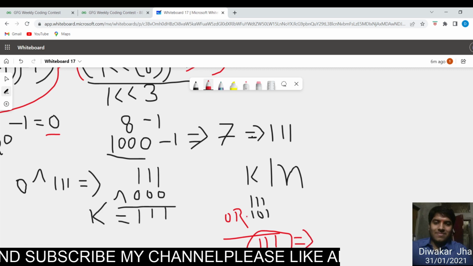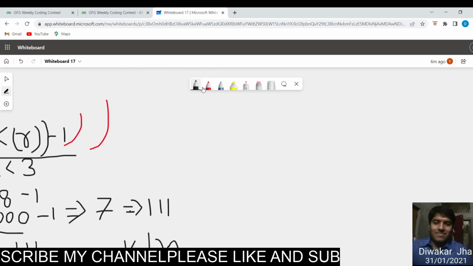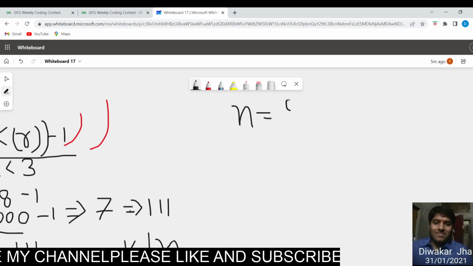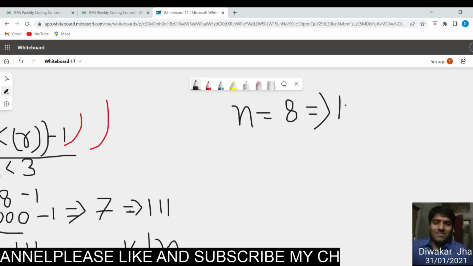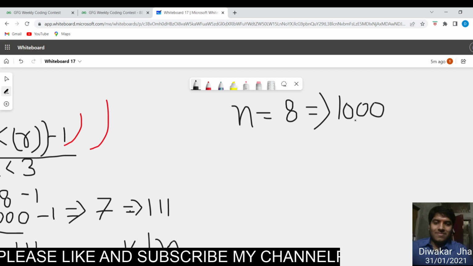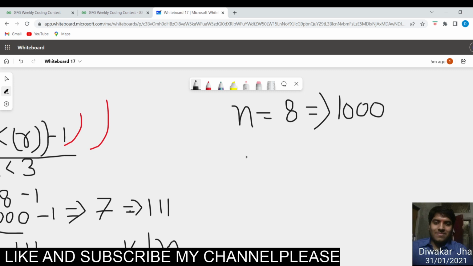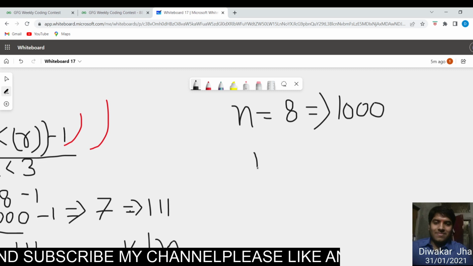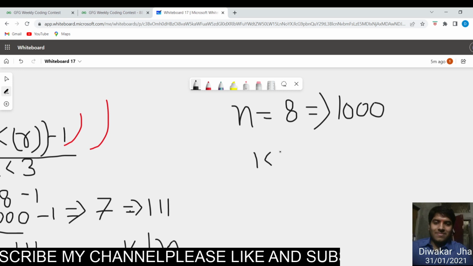Okay, so now we will discuss the second problem. If you are given n value as 8, the 8 is simply representing 1000 in the bitwise form. So what you will do, you will simply left shift 1 by the lth time.